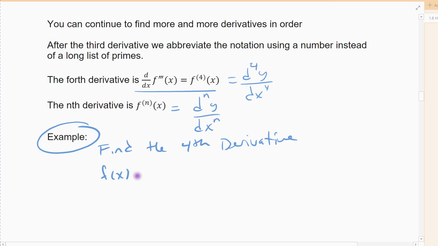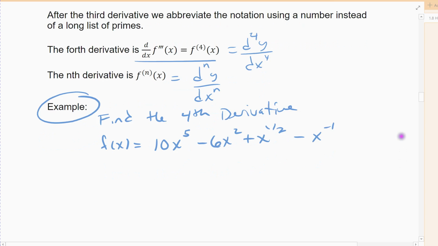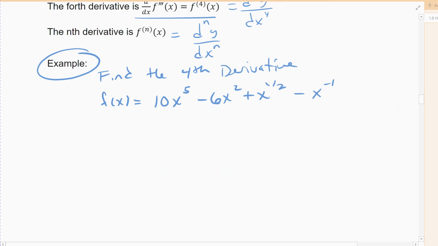So the function that I'm going to take the fourth derivative of, I'm going to throw a little bit of everything at you. I'm going to take 10x to the fifth minus 6x squared, x raised to the fraction 1/2, so that's the square root function, minus x raised to the negative 1, so that would have been 1 over x. So I kind of threw some nice ones and then some ugly ones.